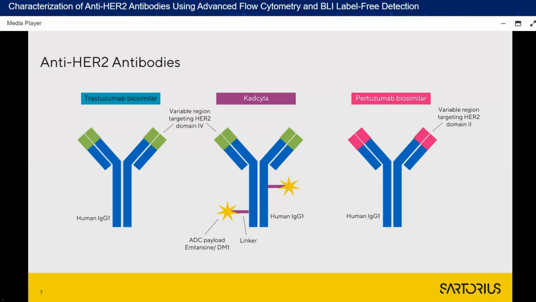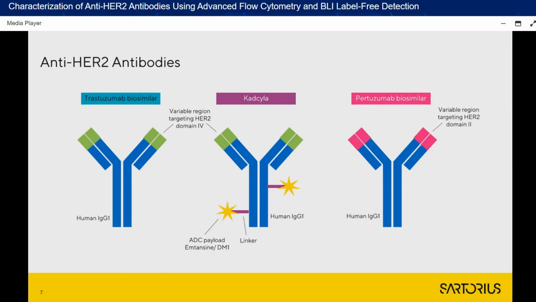Then we've also had Kadcyla. So this is an antibody drug conjugate, which is based on trastuzumab, with the real key difference compared to trastuzumab being that it has mutations in its variable region to link to that ADC payload, which in this case is tanzine or DM1.